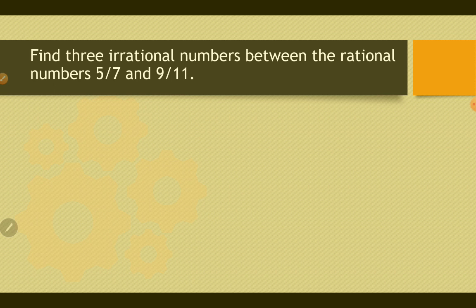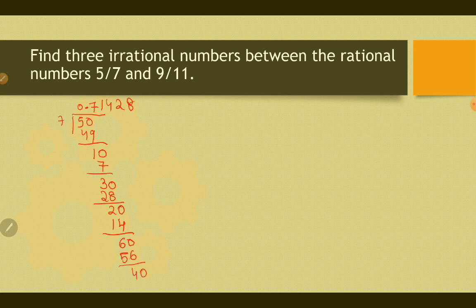So to find, we have to divide 5 by 7 and 9 by 11. 5 by 7, 7 is outside, 5 is inside. 50, 7 sevens are 49, 1, 0, 1 seven is 7, 3, 0, 4 sevens are 28, 2, 0, 2 sevens are 14, 6, 0, 8, 8 sevens are 56, 4, 0, 5 sevens are 35. We started with 5 and we got remainder 5.